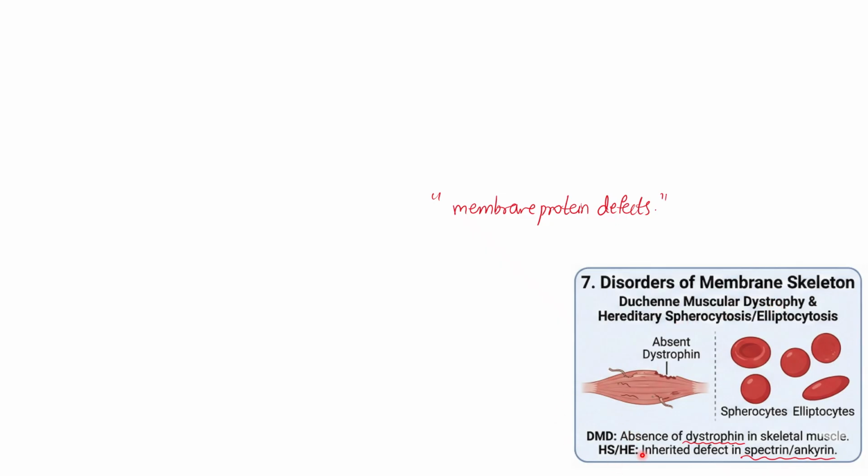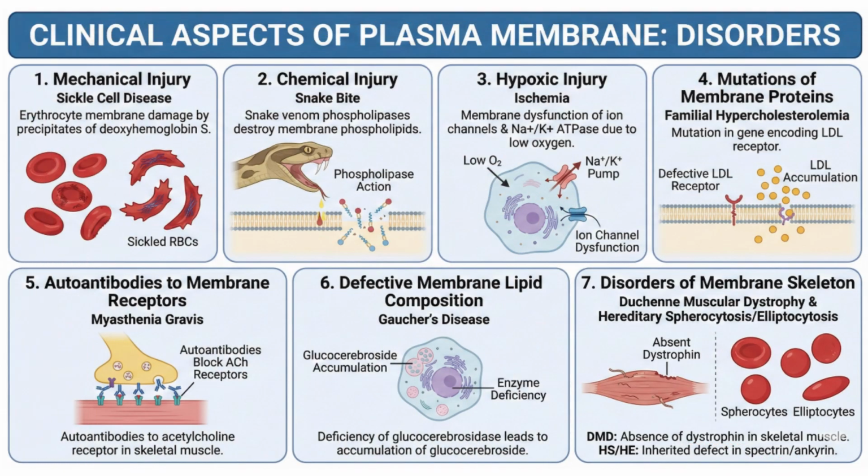And in hereditary spherocytosis, there is a defect in the spectrin or ankyrin protein, resulting in hereditary spherocytosis or elliptocytosis. So these are the clinical applications of the plasma membrane. There are seven types of disorders.